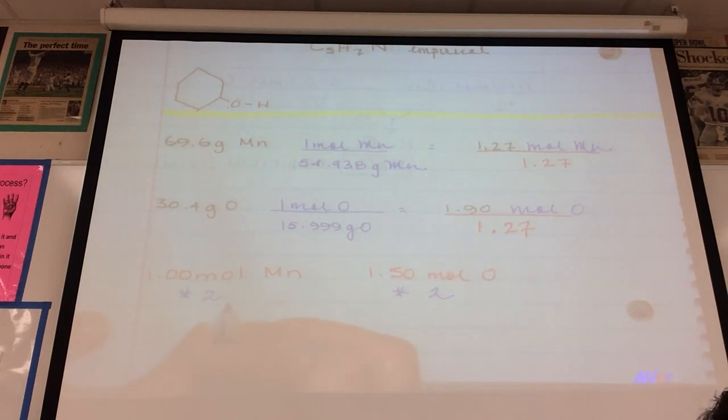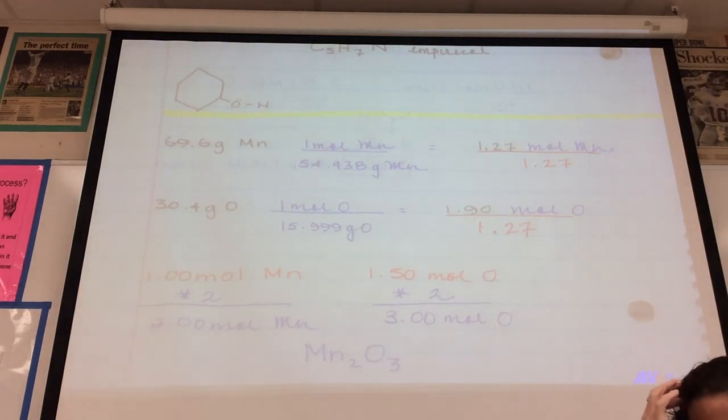And that's going to give me 2 moles of manganese and 3 moles of oxygen. And in a dead alkaline battery then, we have Mn2O3, or manganese(III) oxide.